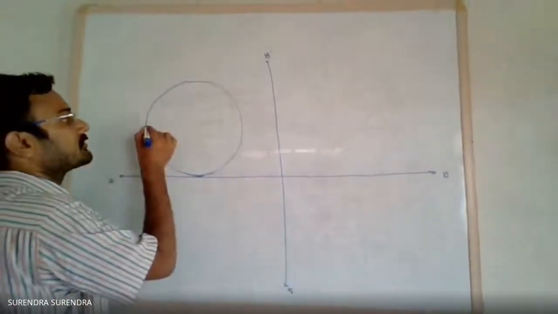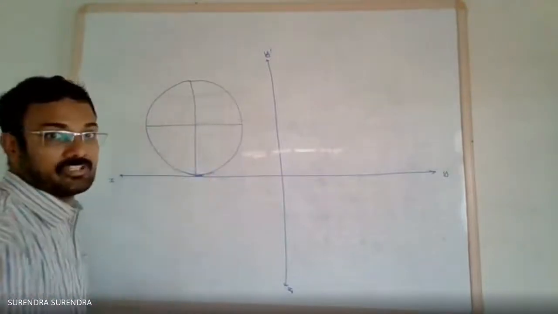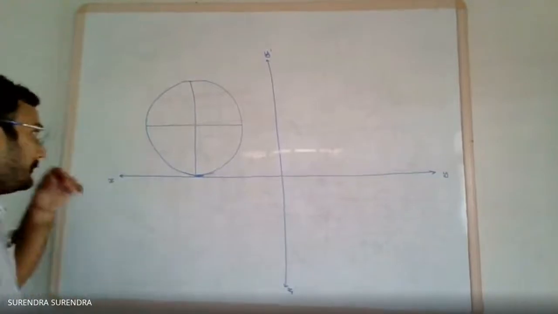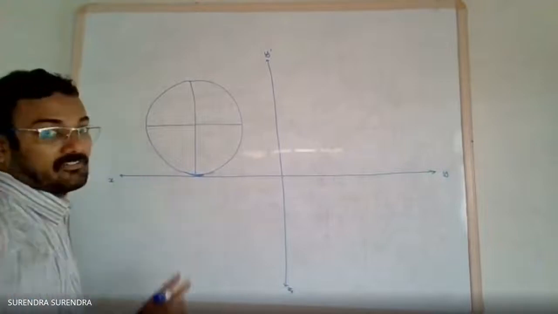Divide this into 12 equal parts. We have already discussed division in involutes and cycloids, so I'm not explaining the process. Just divide this into 12 equal parts.